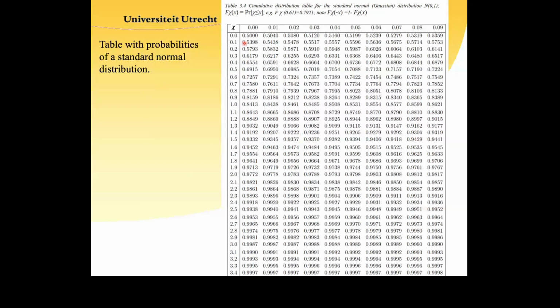So for a random variable that obeys the standard Gaussian distribution, this Greek symbol chi is sometimes used.